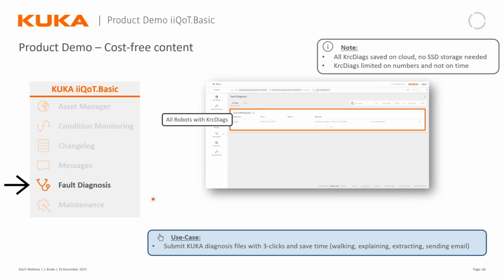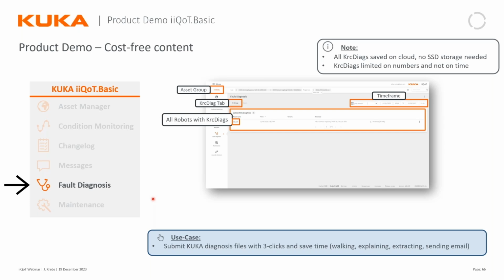I said earlier that we do have the easiest way to pull and submit KUKA diagnosis files, so-called KRC Diags. If I click on fault diagnosis on the module, it will show me that there are some KRC Diags available. If I look here, right now as a group view, at the KRC Diag tab, it will show me what is available, of course, in consideration of what time frame I selected.